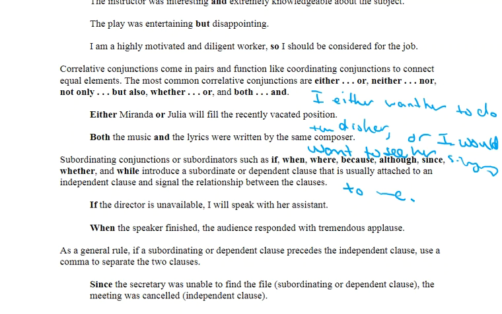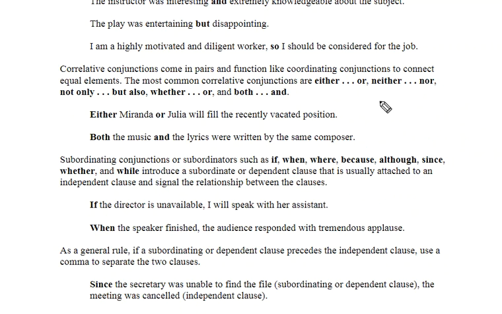So, either this or that. Here we have "I would want to see her singing to me." That's an independent clause. It can stand on its own. "I either want her to do the dishes" is also an independent clause, but conjoined with either and followed by or. This is in a compound sentence.